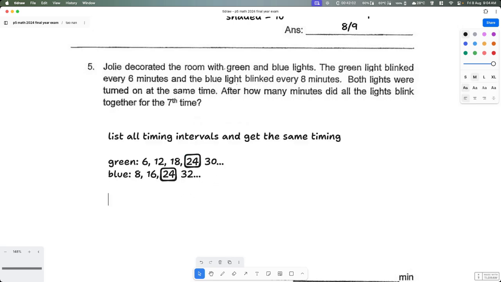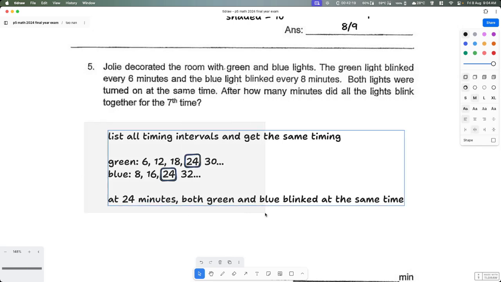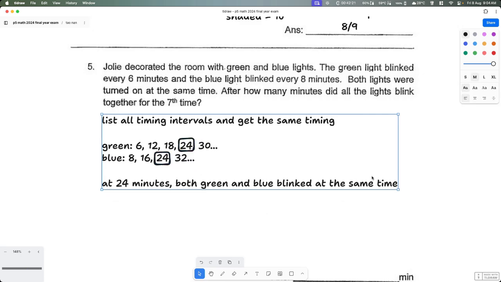So that means at 24 minutes, both green and blue blinked at the same time.